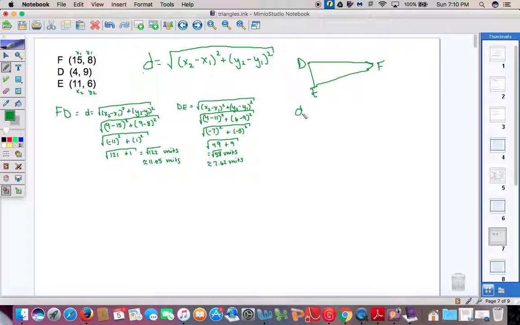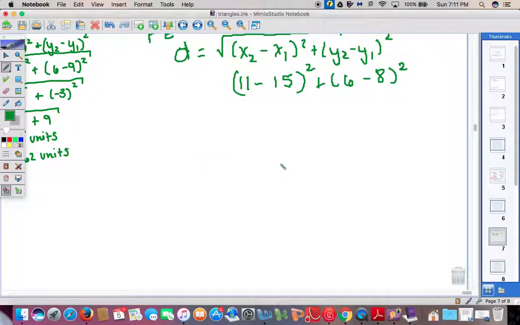So I have again that the distance is equal to the square root of x2 minus x1 squared plus y2 minus y1 squared. And this is for FE. Okay. And so I have 11 minus 15 squared plus 6 minus 8 squared. I'm going to zoom back in here because it's easier to write. And this is the square root.